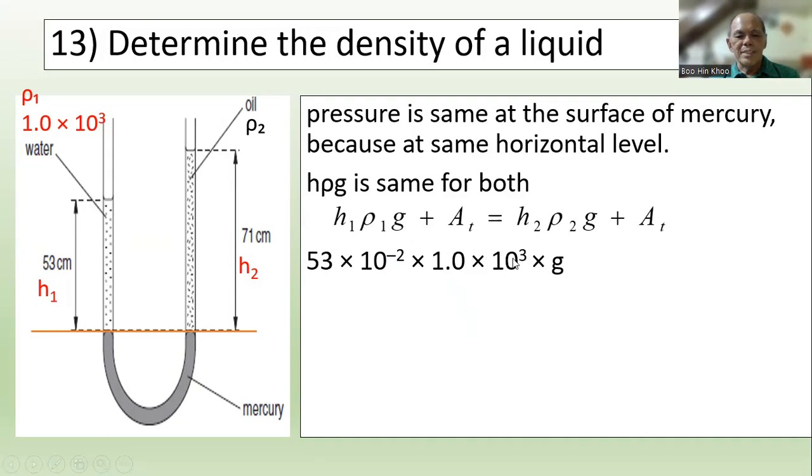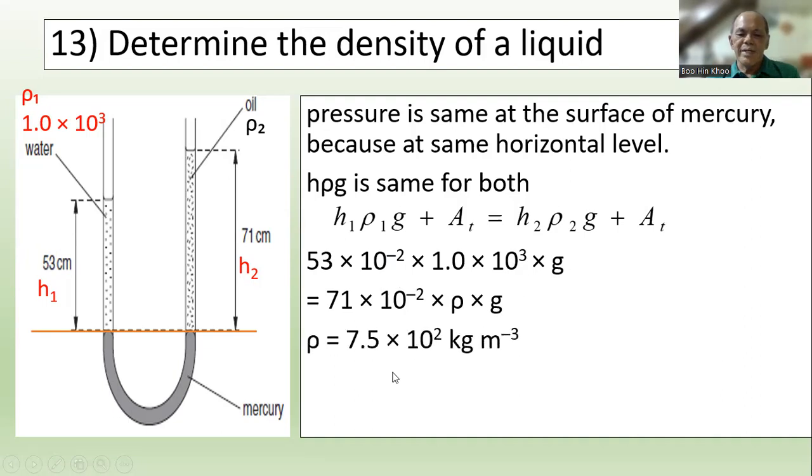There's density of water. There's G. H2 is 71 cm. Change it to meter. Density of oil. There's your G. G and G can cancel off. We can calculate out 750 kilogram meter minus 3.